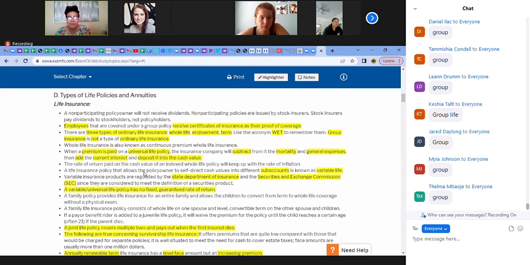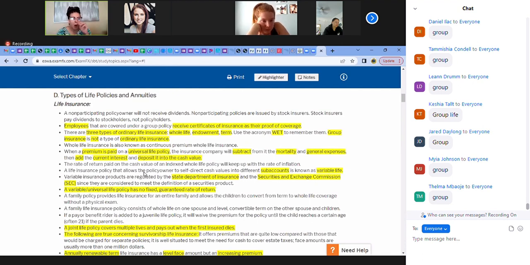There's things that make them similar and there's things that make them different. How are they similar? They're both permanent policies. As long as you pay into the policies like you're supposed to, you'll have the coverage and they'll pay out to the family. They both build cash accumulated in the policies. What makes them different is how the cash accumulates in the policies, which we'll talk about.